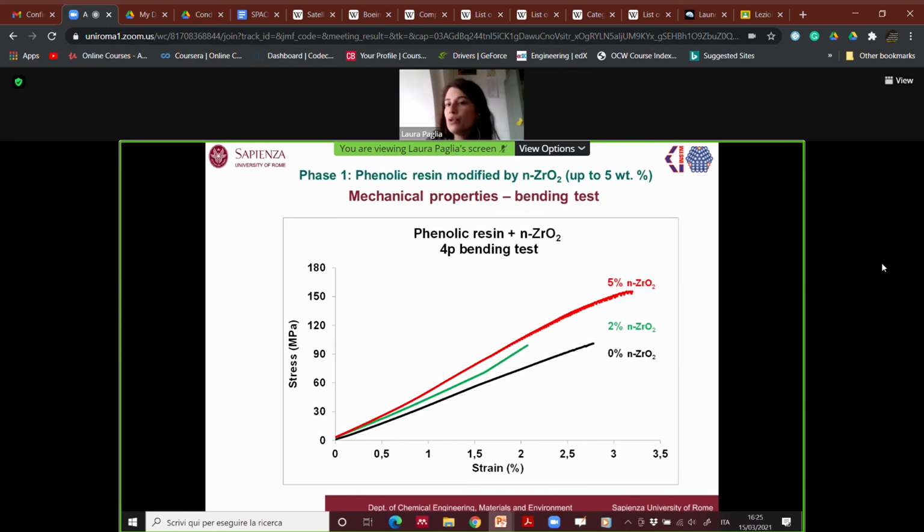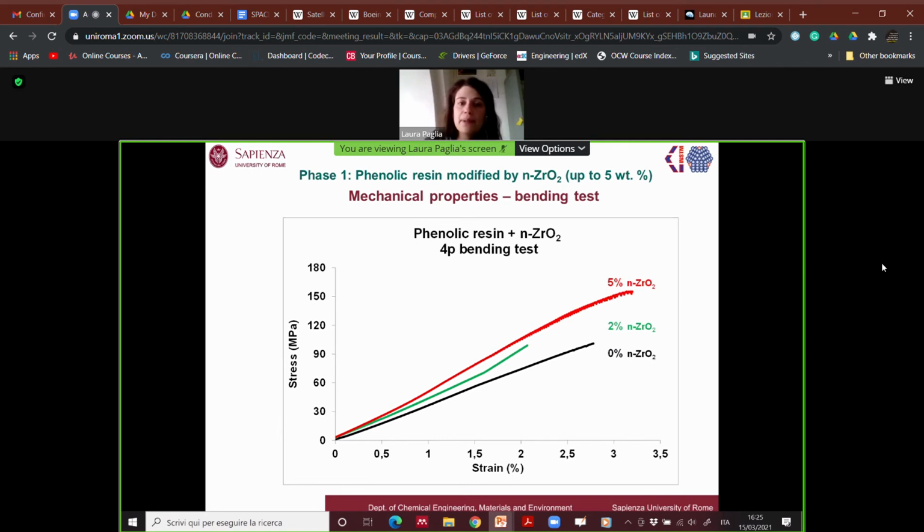The first thing that we did was not only an observation of the sample that we obtained in this way, but also some mechanical testing. This mechanical testing was not aimed to understand the behavior of the ablative material, but it helped us to understand if we can improve something or the contrary, if nanoparticles can decrease the performance of our material.